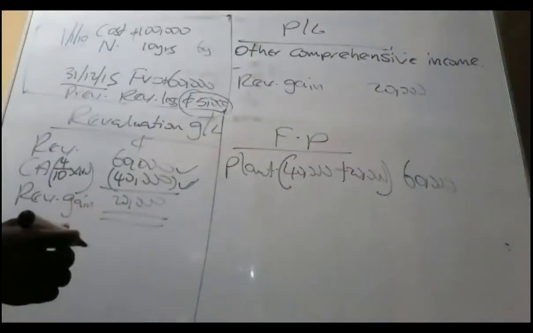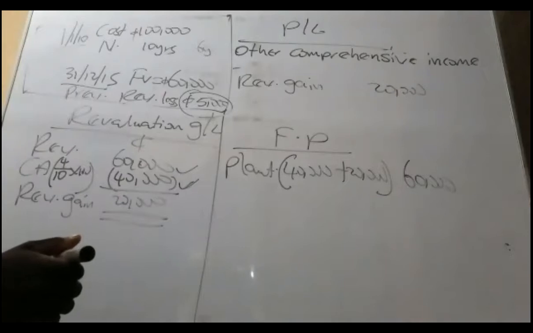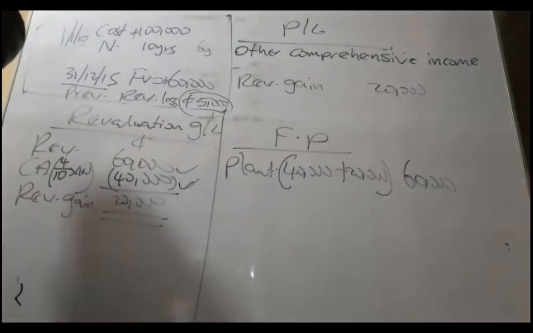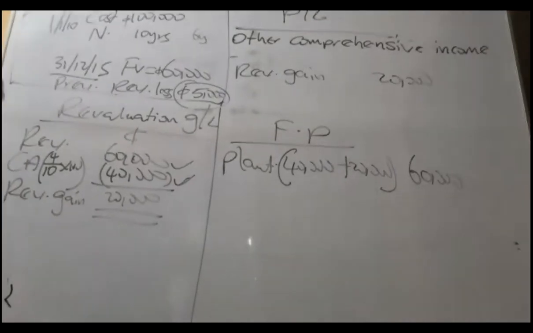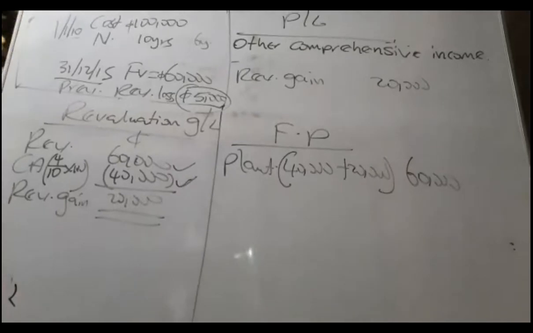So that's the OCI, other comprehensive income. So that is it. Now, where there's previous loss, you have to make some few amendments or few changes. And then you are fine. So where there's a previous loss, what do we do?